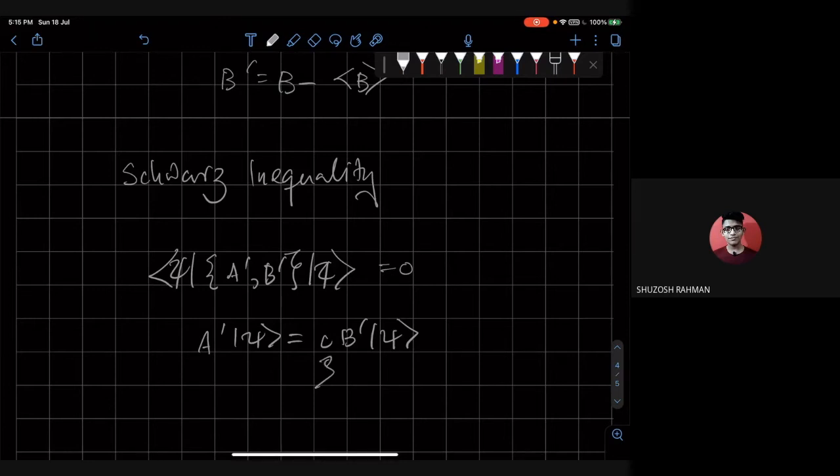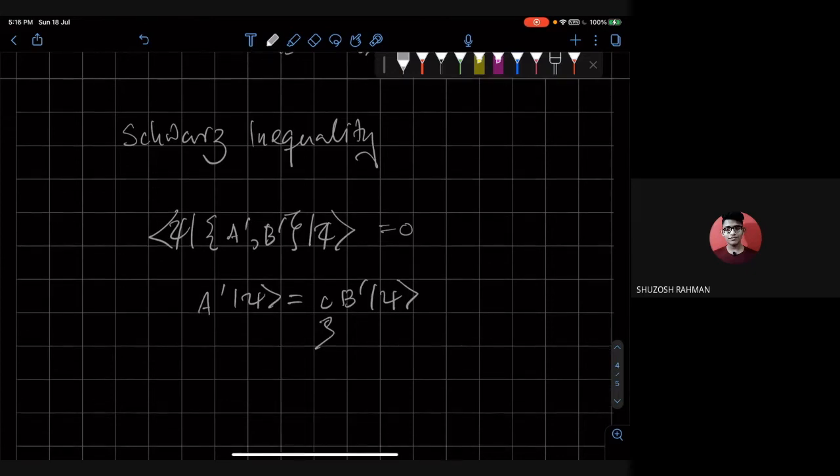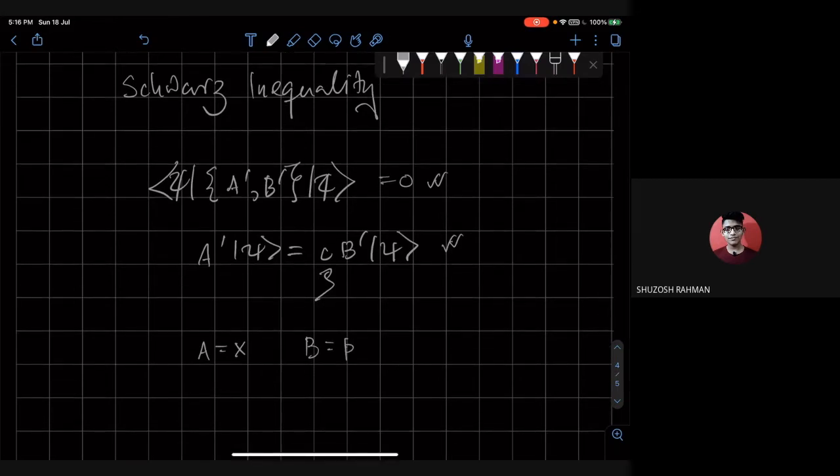And once you show that, you can actually turn these equations for the operator A being X and the operator B being P into differential equations, okay?